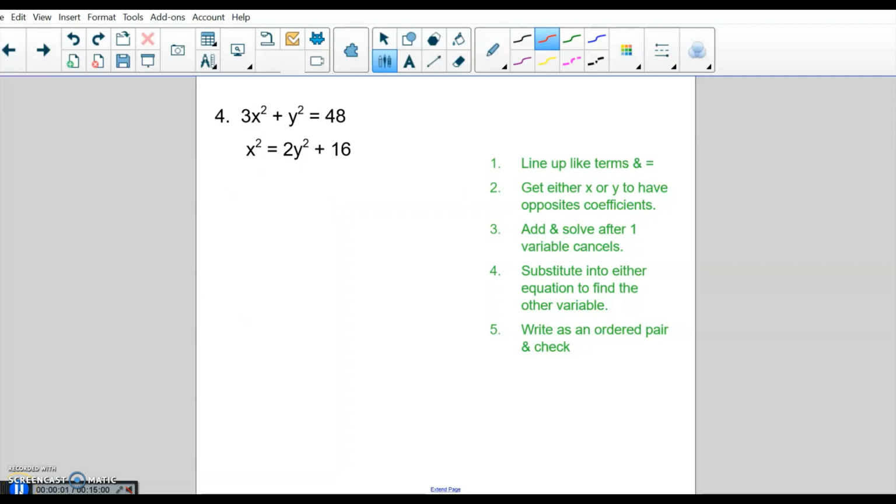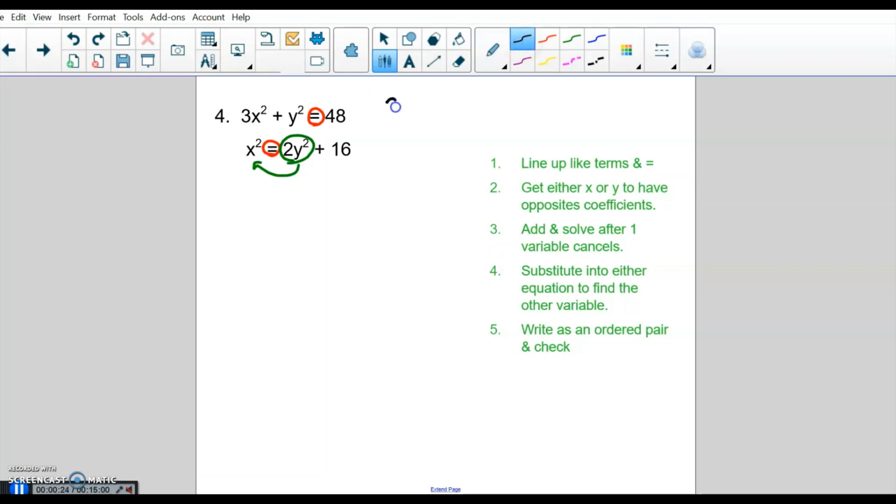All right, last example on elimination. This problem is all kind of jumbled up. You notice that the equal signs don't line up, which tells us that the y squared term needs to move to the left-hand side of the equal sign. So let's rewrite that.